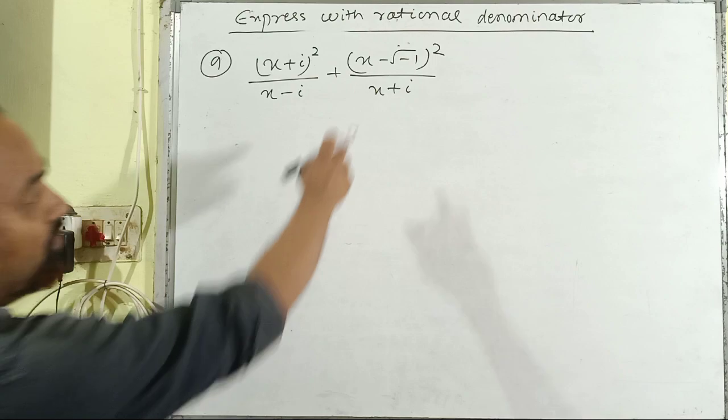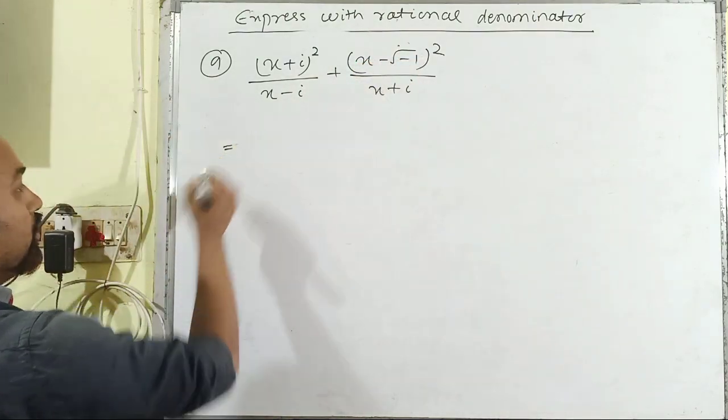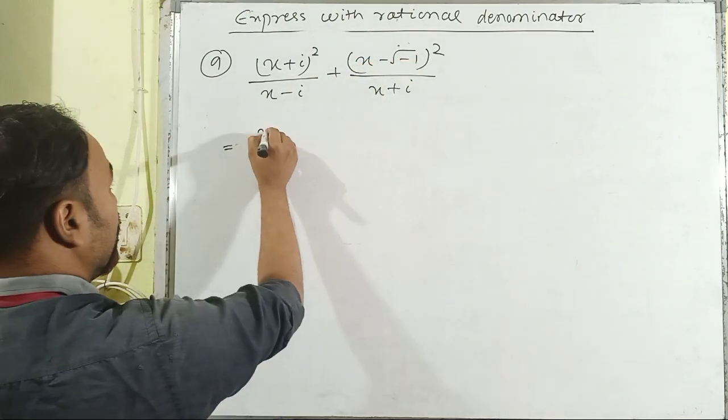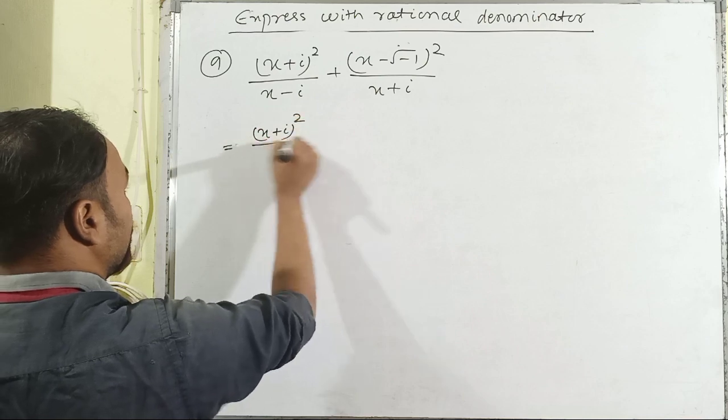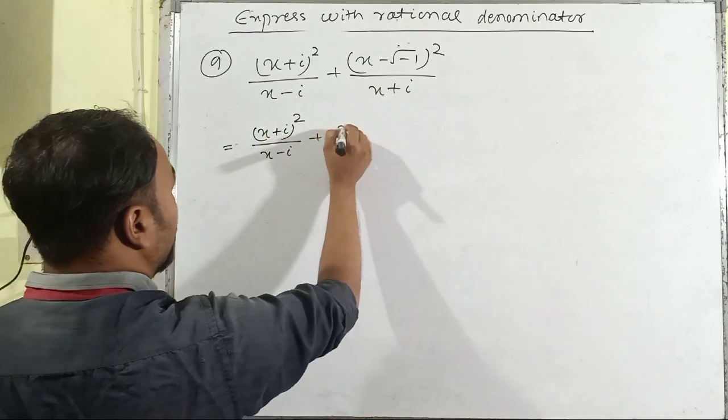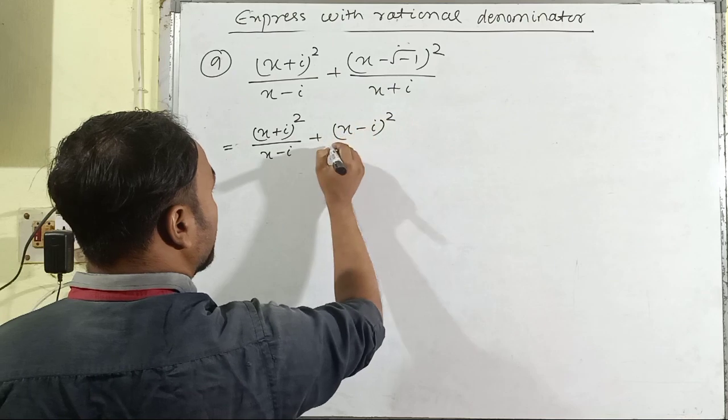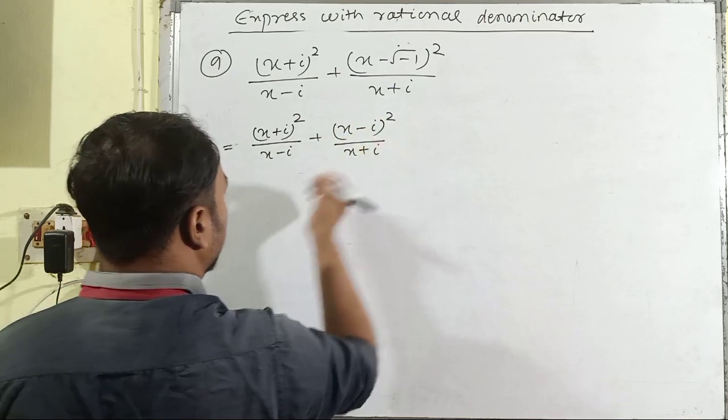First of all, let us simplify the numerator of the right hand side term. So it will be whole square of x plus i divided by x minus i plus whole square of x minus i divided by x plus i.